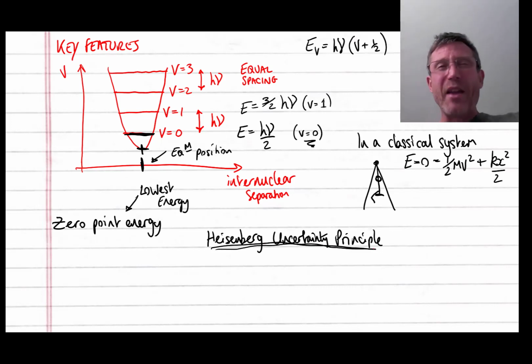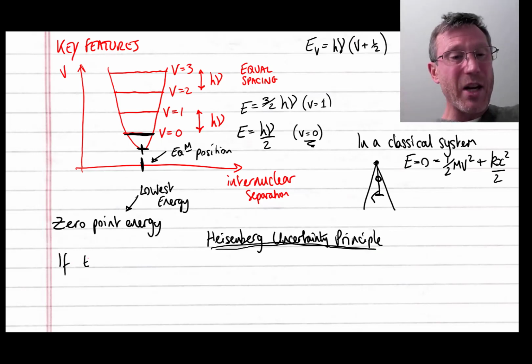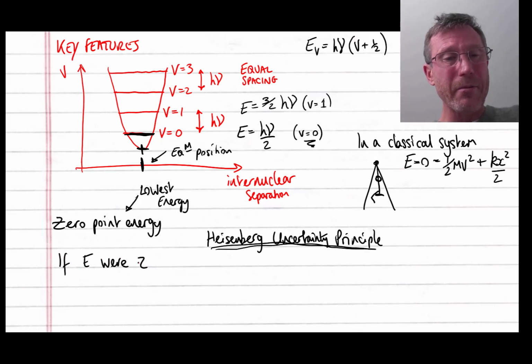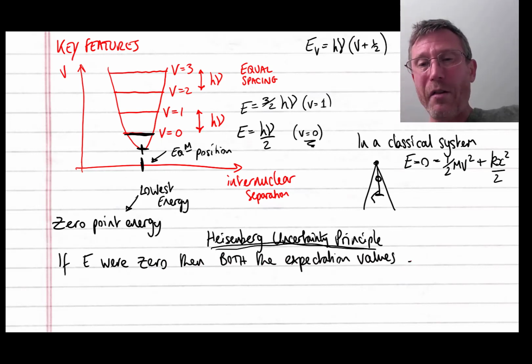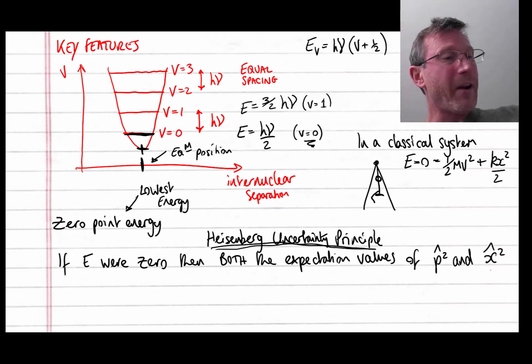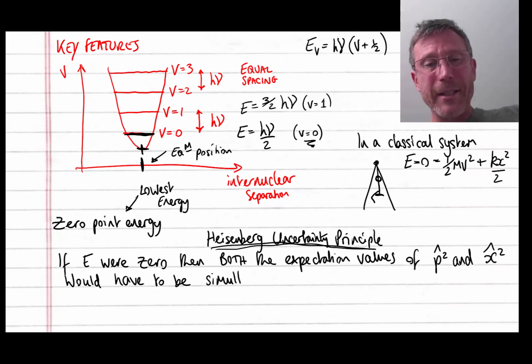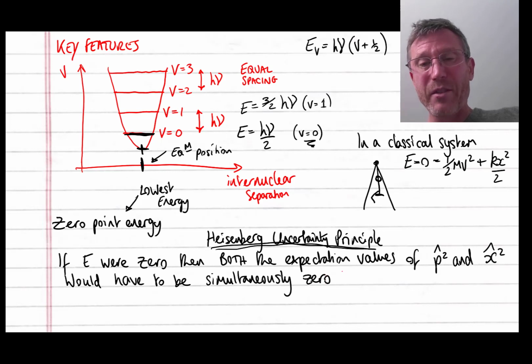Let me sum that up quickly and then we'll finish this little segment. If the energy were 0, then both the expectation values of the operator for momentum squared and the operator for position squared would have to be simultaneously 0, but also precisely known.